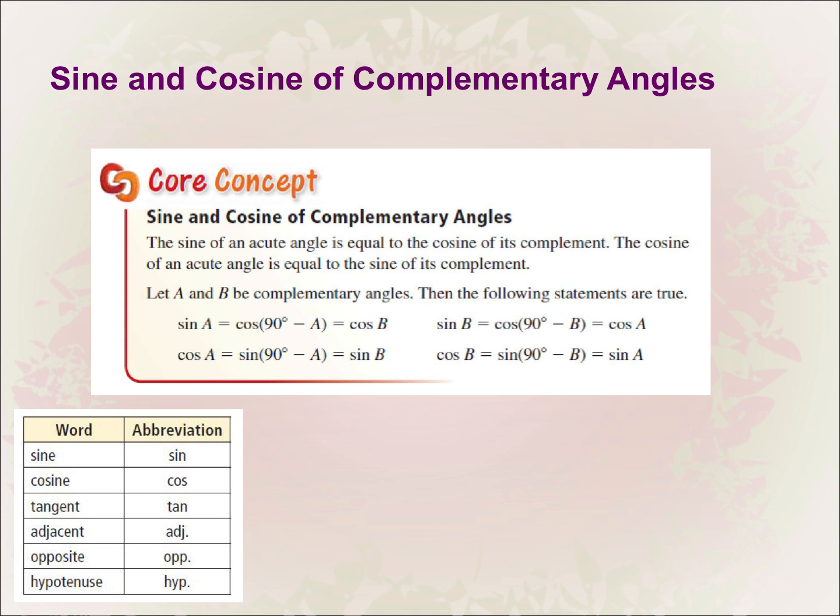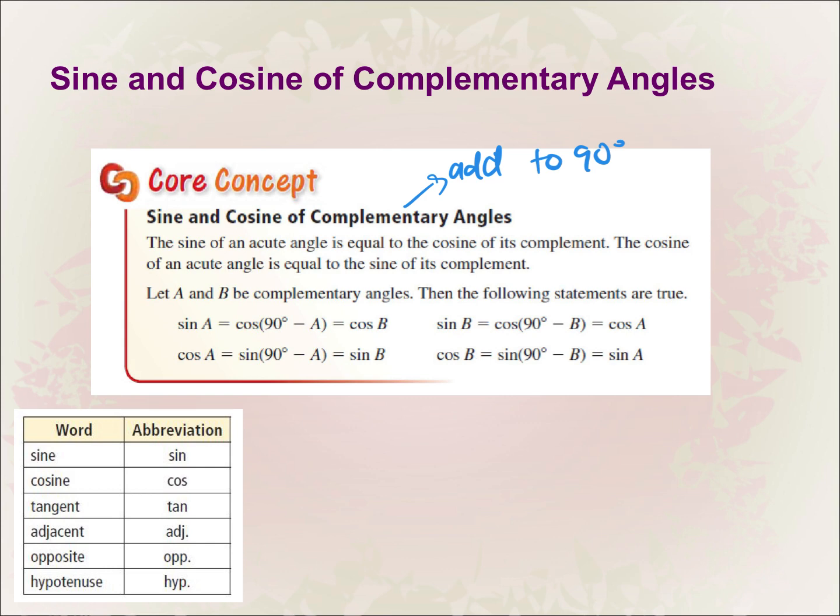It's because A and B are complements. What does it mean to be complementary? They add to 90 degrees. So if two angles add to 90 degrees, the sine of one of those angles will always be equal to the cosine of the other angle.